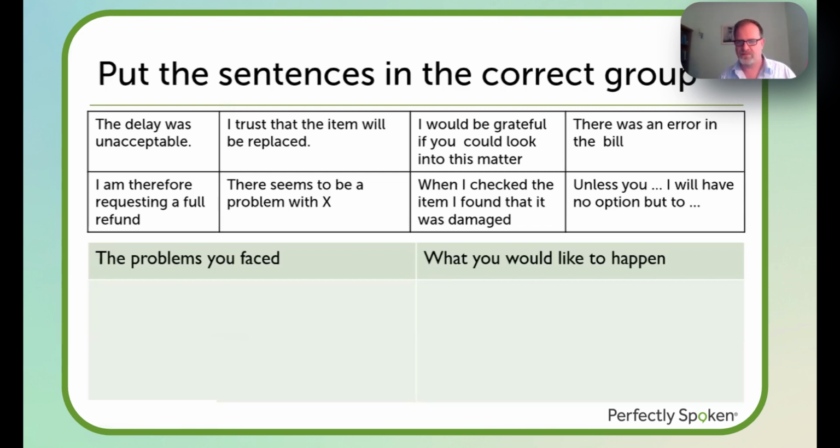One is problems, the problems that you had, and the second is the action you want them to take, what you would like to happen. Okay, so we've got the delay was unacceptable. I am therefore requesting a full refund. That's a formal way to say I want my money back. I trust that the item will be replaced. That means I want another one that works or whatever.